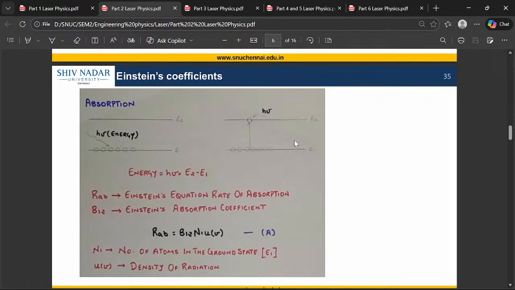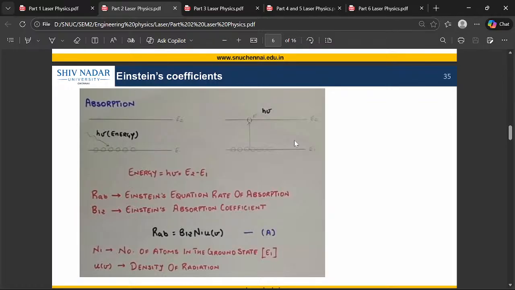The energy required for that electron to move to E2 is essentially E2 minus E1, the excited state minus the ground state. So the energy we have to give, h mu, is equal to E2 minus E1.